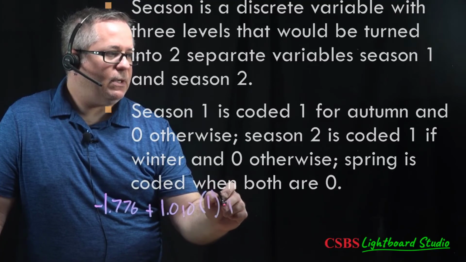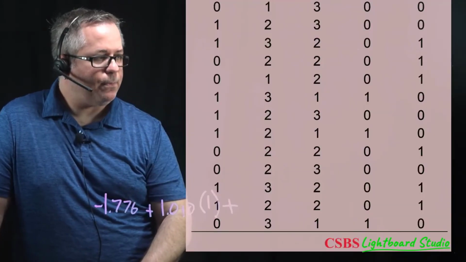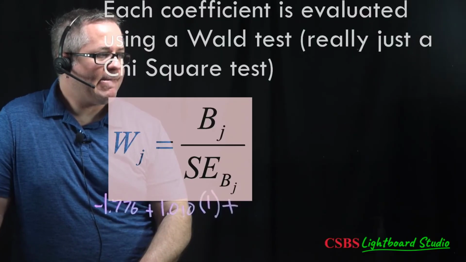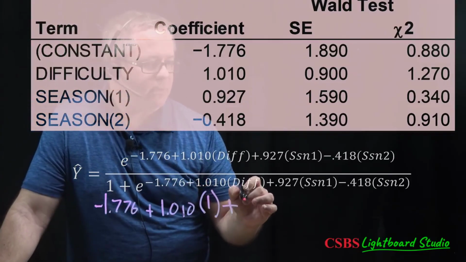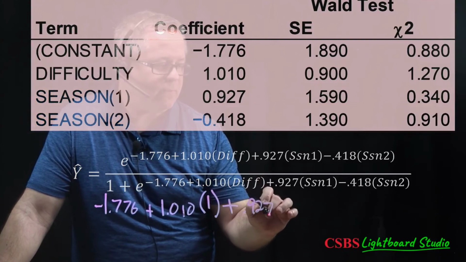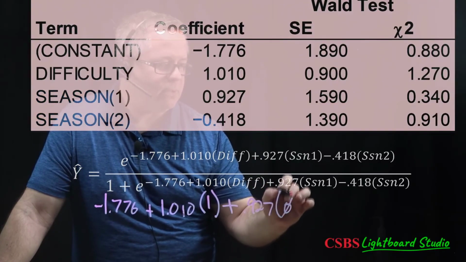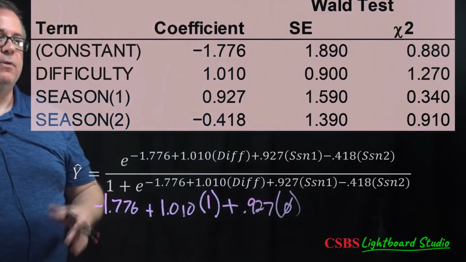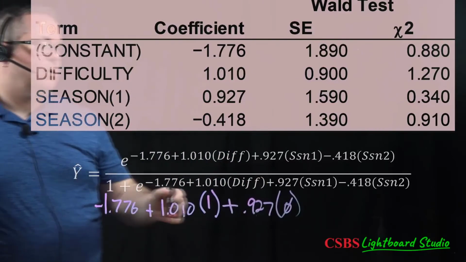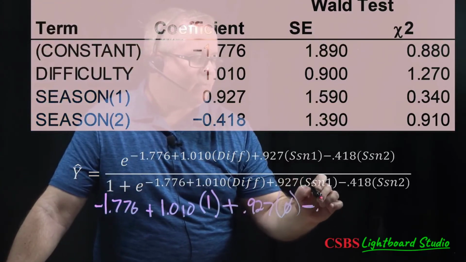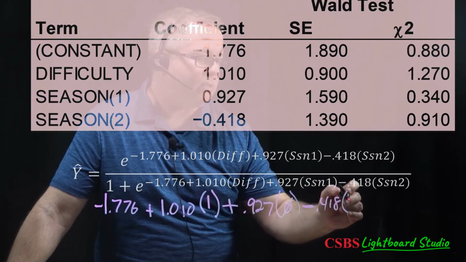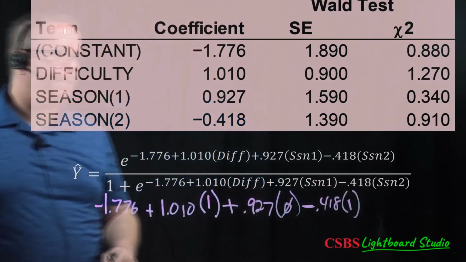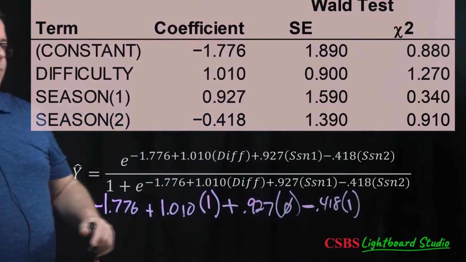So it's going to be 0.927 times 0, because their code for the first season is 0, minus 0.418 times the winter, which is going to be 1. What's that equal to?